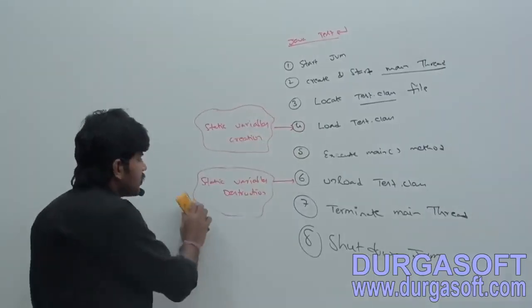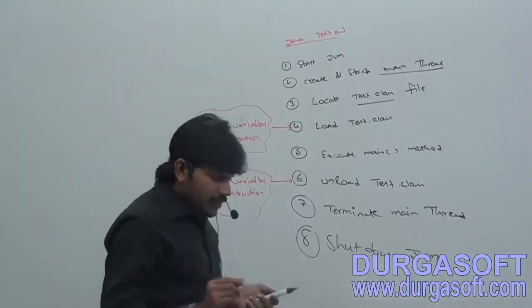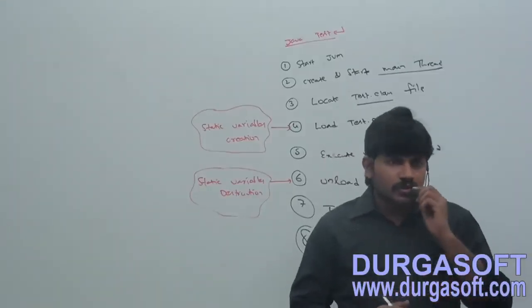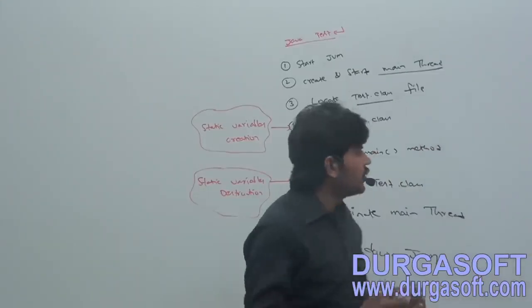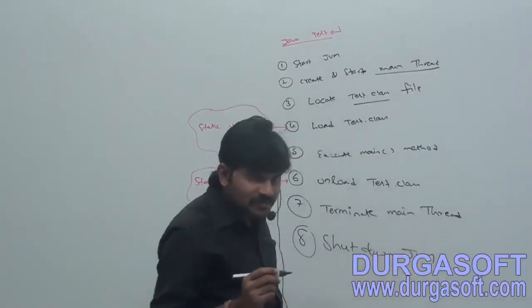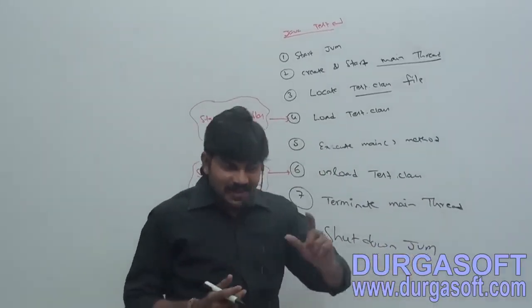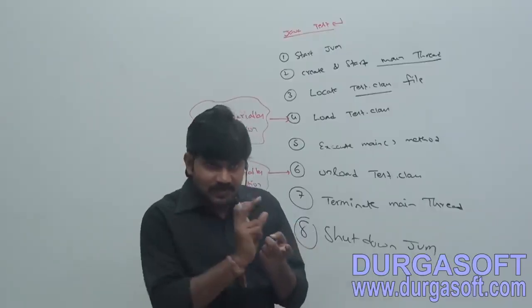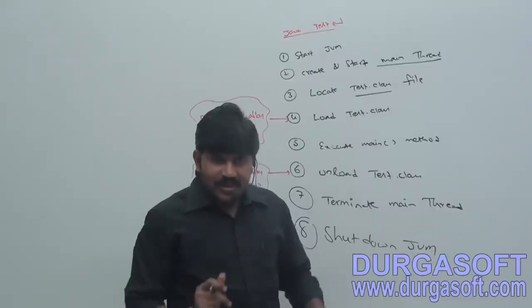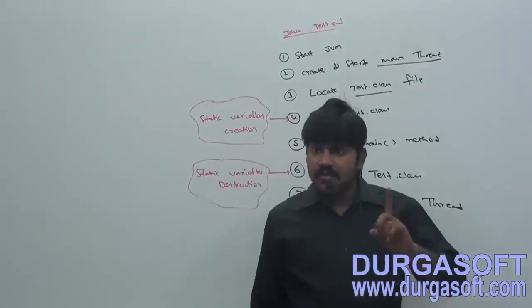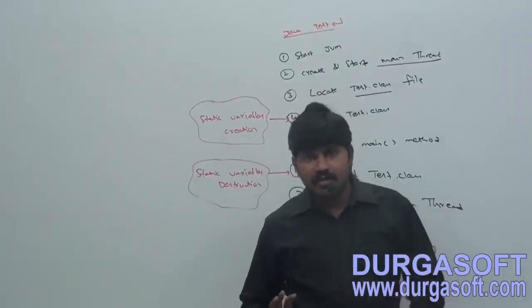Next, static variables will be stored in which memory area? Don't think too much, man. Static variables, stack? Are you getting the similarity on the board? If anyone is going to use the word stack, I will give left and right.